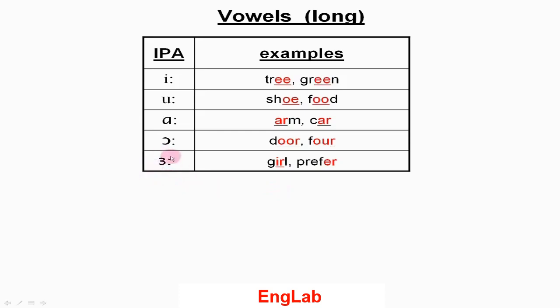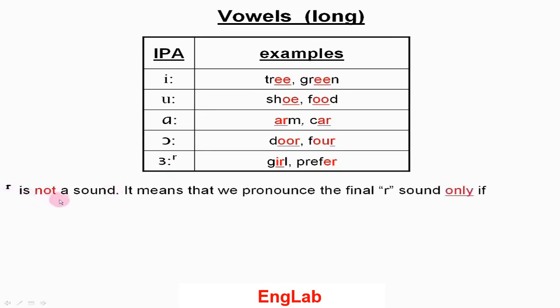And we add to this symbol sometimes this little r, okay? So sometimes we add this little letter r. So the r is not actually a sound, okay? But it means that we pronounce the final letter R sound only if the next letter or next word starts with a vowel.